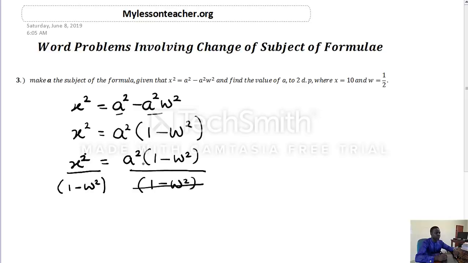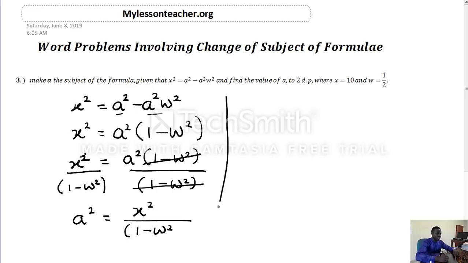So bracket 1 minus w squared will cancel out itself, leaving us with a squared being equal to x squared divided by bracket 1 minus w squared.